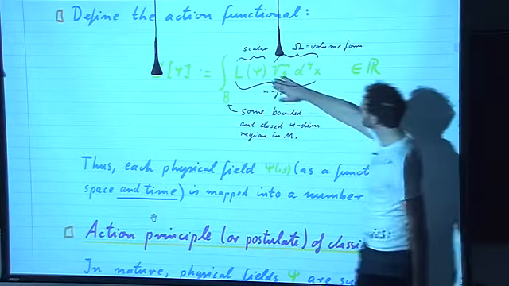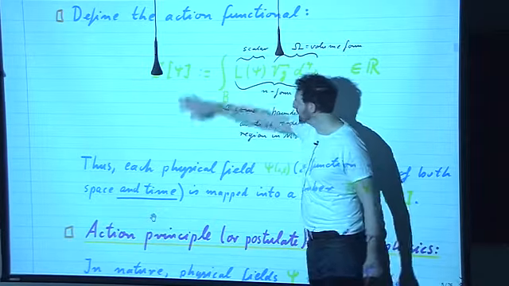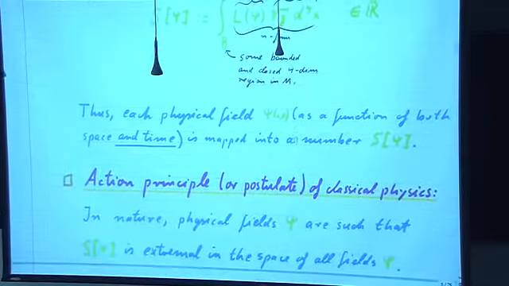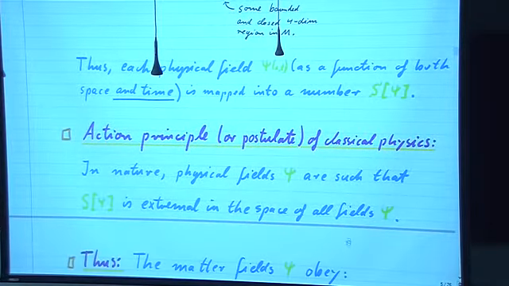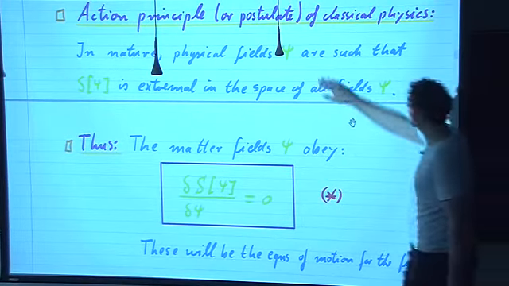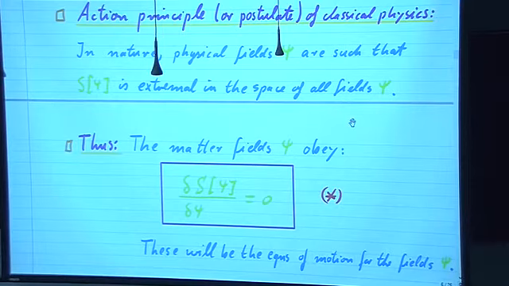So you plug in those functions of space and time here, and then you integrate that over space, you get a number, that's the action functional. Then the action principle, or action postulate of classical physics is that in nature, physical fields psi are such that the action functional is extremal in the space of all fields psi.